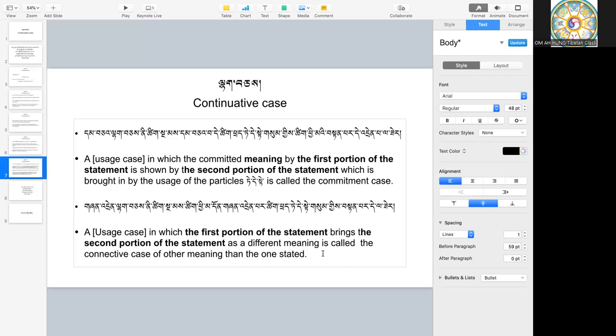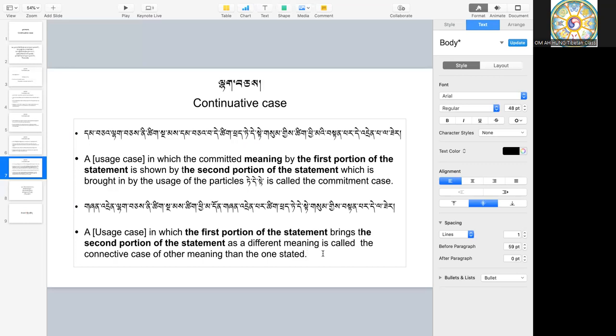This type of usage case is quite simple. It's just a statement in which there are 2 information, and both of these information are different. Saying like, this is table and that is bed, in which we see that table and bed are different phenomena. And the statement just provides 2 different information. And that type of statement is the statement of the connective case of other meaning than the one stated.